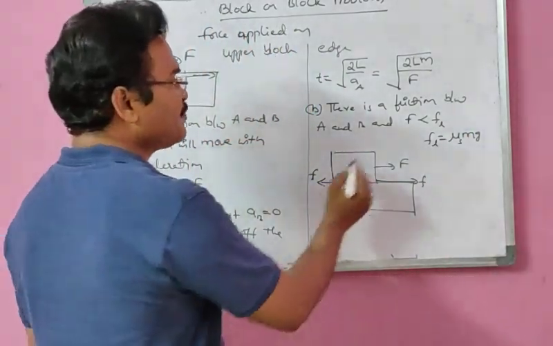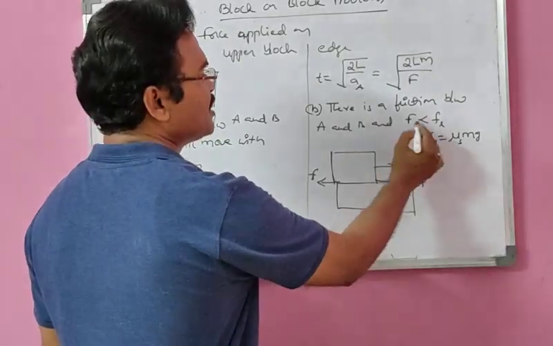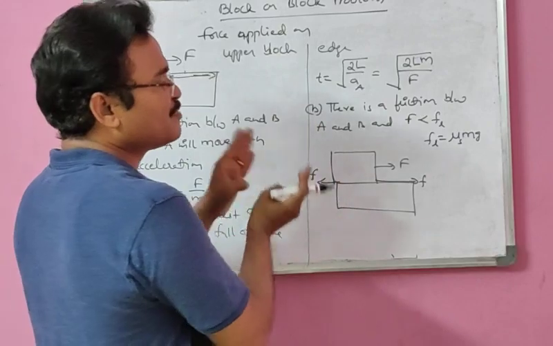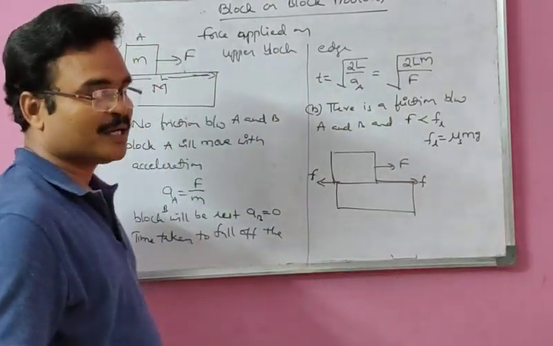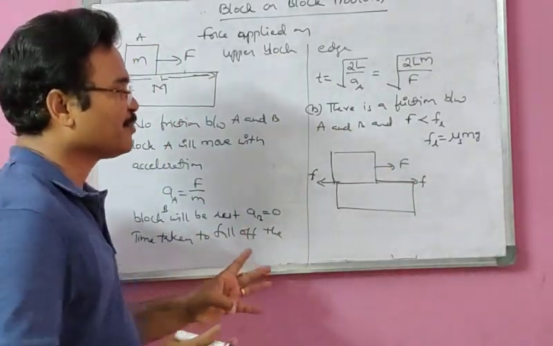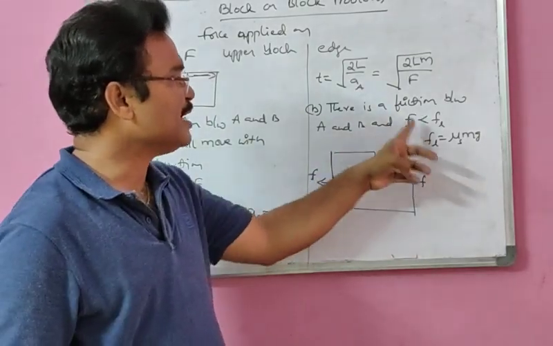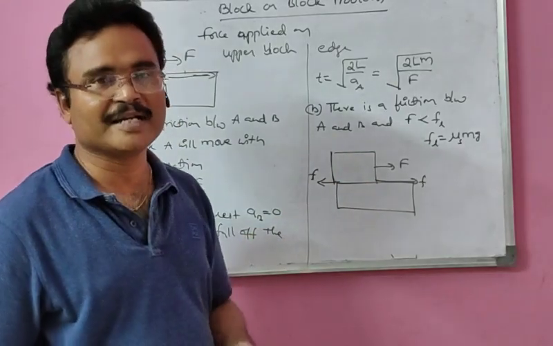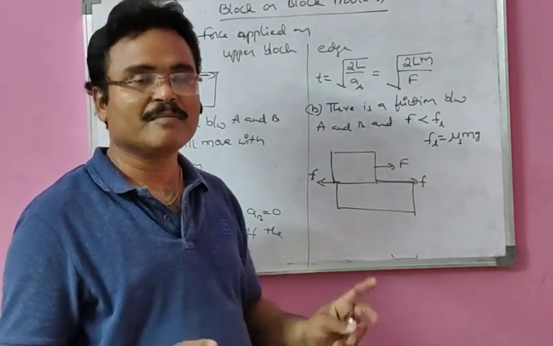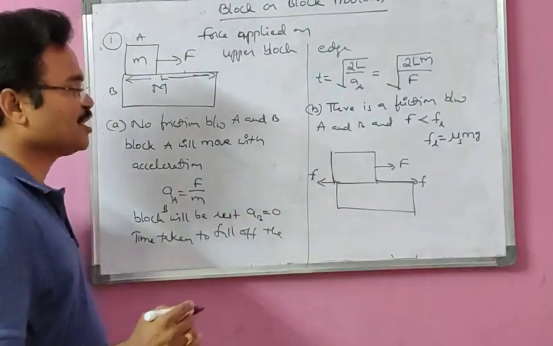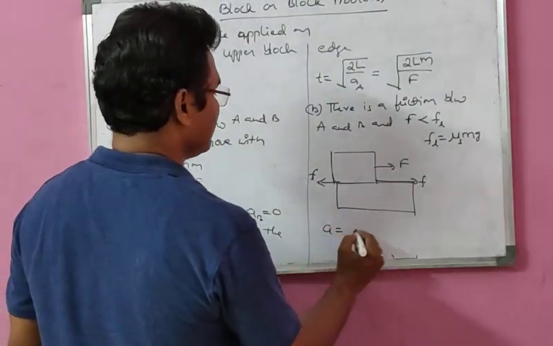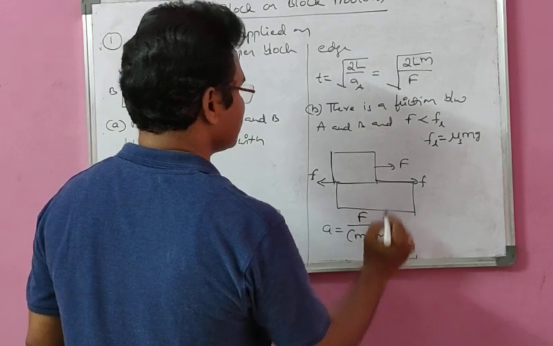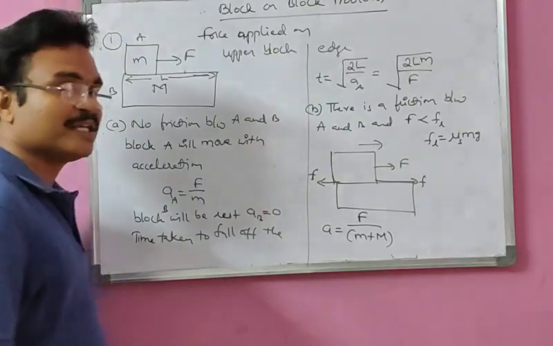And here, if the applied force is less than F_L, what happens? These two blocks will move combinedly. Try to remember this condition. If the applied force is less than the limiting frictional force, the two blocks will move combinedly, and the combined acceleration is given by a equal to F by (m plus M).